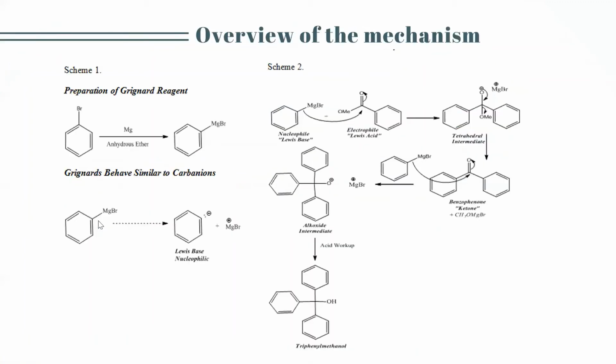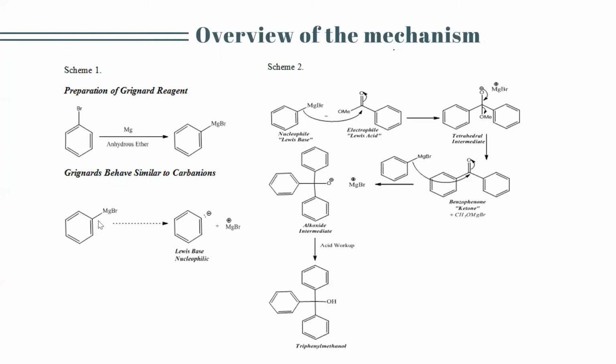So let us now move on to the overview of the mechanism of the reaction involved in producing triphenylmethanol. The main goal of this experiment is to synthesize triphenylmethanol from bromobenzene and benzophenone. To start the synthesis, a Grignard reagent must be prepared first via Grignard reaction, as you can see in scheme 1.